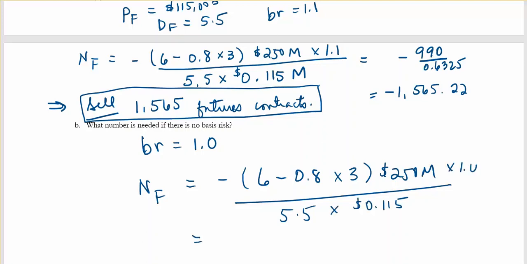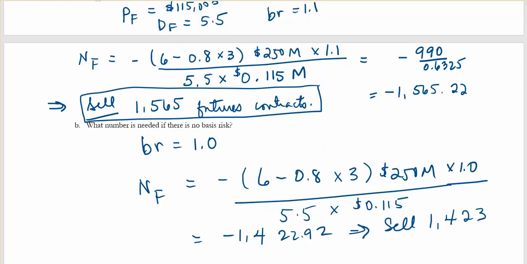So implicitly, the basis risk is 1.0, and we would get negative 1,422.92, or in other words, sell 1,423 futures contracts.